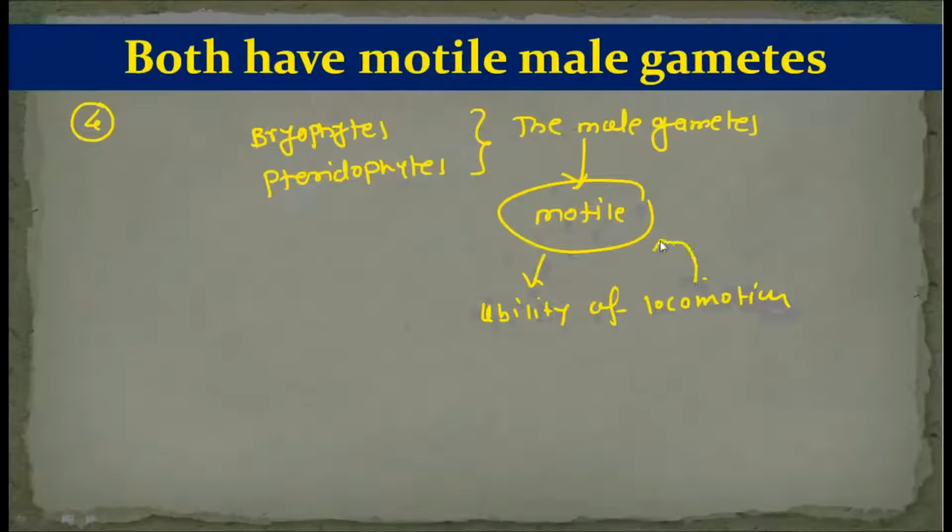Those things which have the ability of locomotion, we say are motile. Here, in both bryophytes and pteridophytes, the male gametes are motile in nature. That means they have the ability of locomotion. So this is the very important fourth similarity between the bryophytes and pteridophytes.